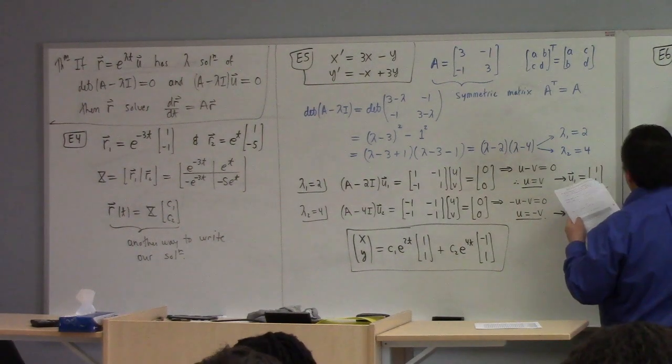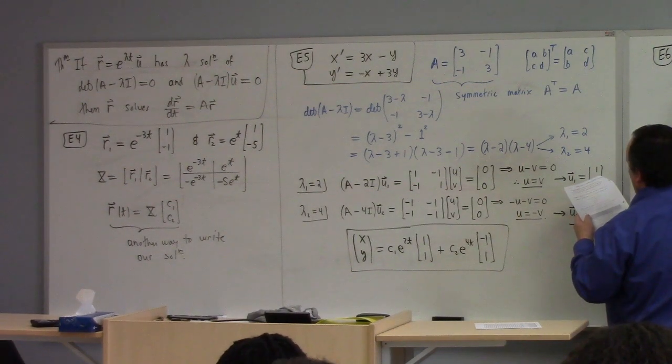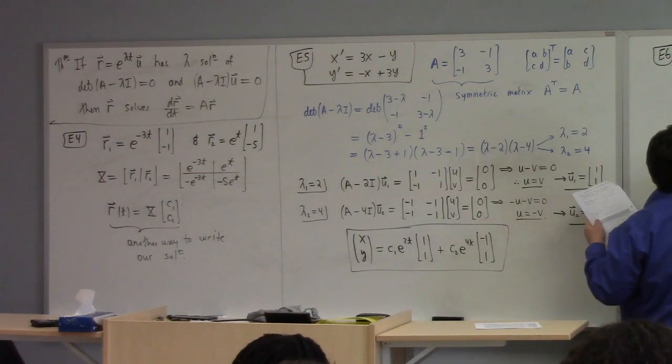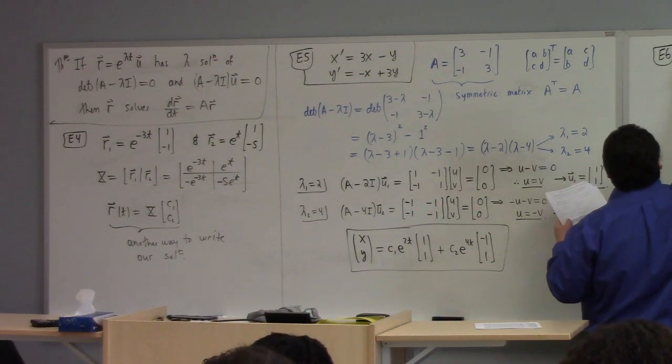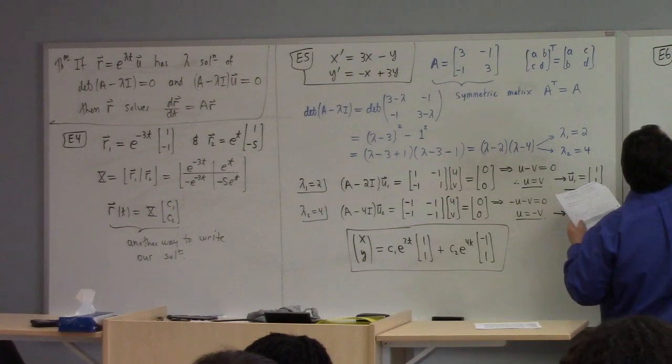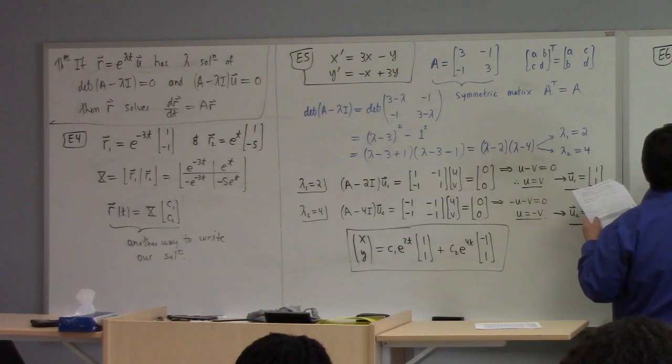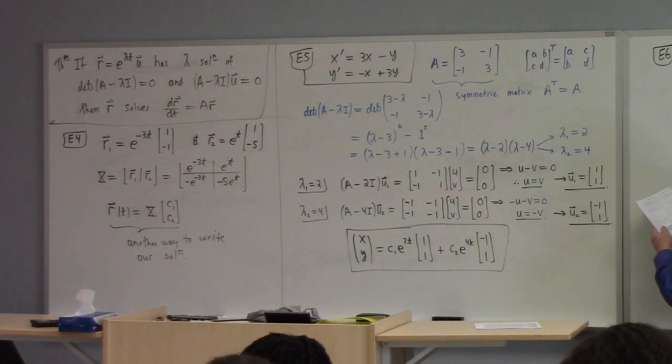x prime is 3x plus y. y prime is minus 4x minus y. All right, so the matrix: (x, y) prime equals a 3, a 1, a minus 4, a minus 1, times (x, y).